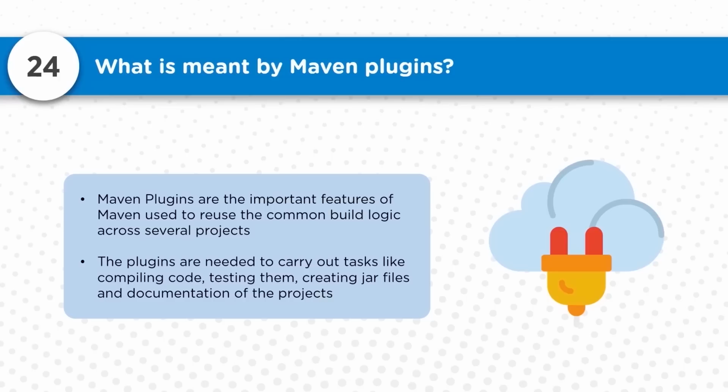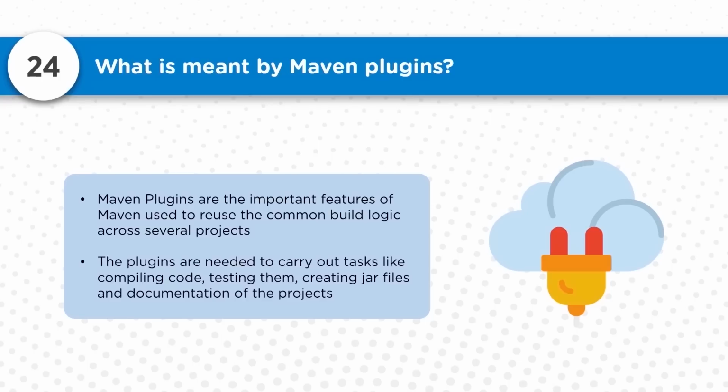For example, I want to perform a compilation. I don't really want to do any configuration for it. So I can simply use the compiler plugin in Maven, and that really helps because I don't have to write or rewrite the configuration for how the compilation should be done. It's pre-configured or pre-written in these plugins, so I can simply import the plugin and do the compilation process in a pretty standard mode.